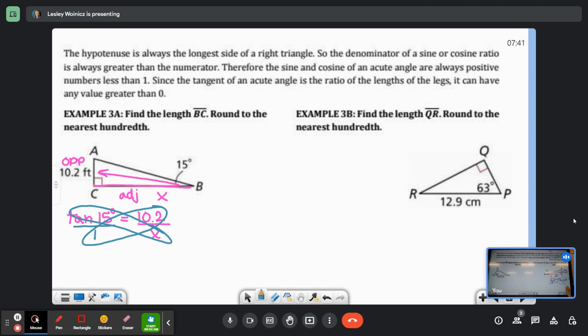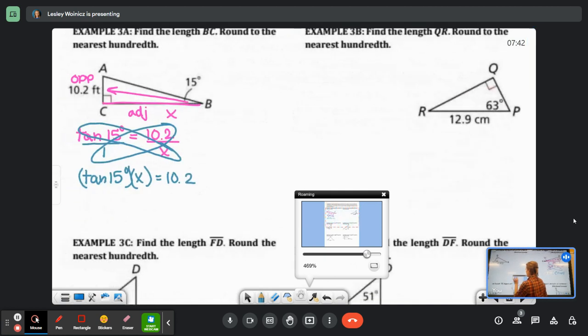So that will be tangent of 15 degrees times x equals 10.2. Now to get x alone, I can just divide both sides by the tangent of 15 degrees.